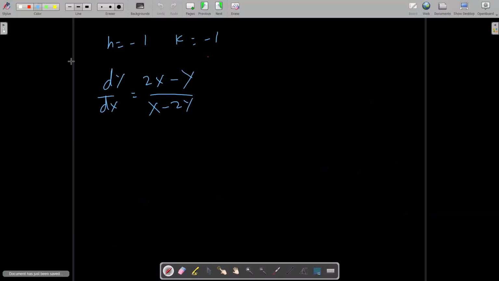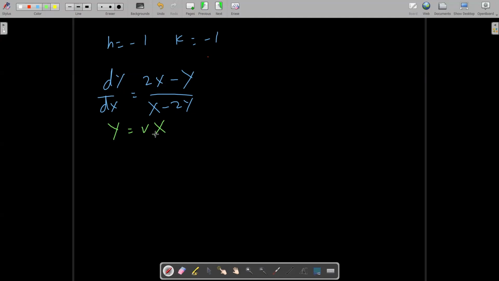Now I write y equals vx. We have to take a substitution, that is capital Y equals V capital X, and then we have to take the derivative because we're introducing a new substitution, Vx.